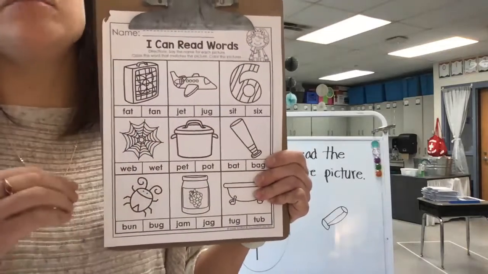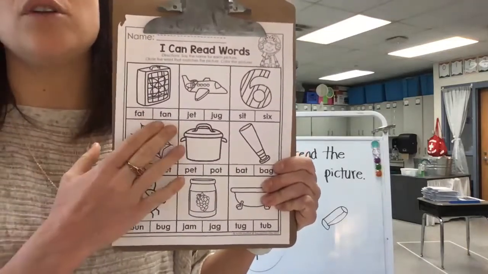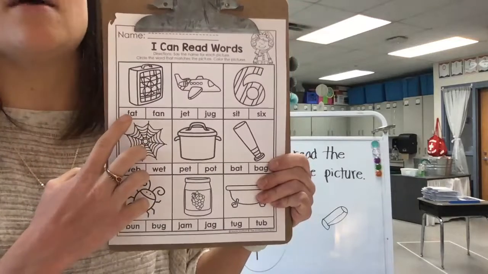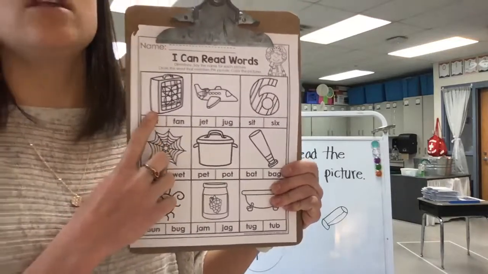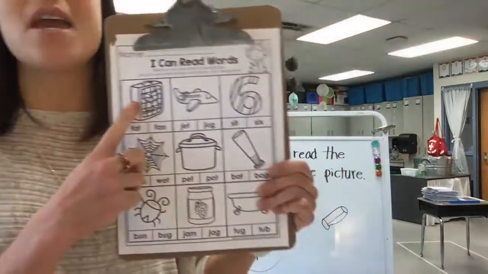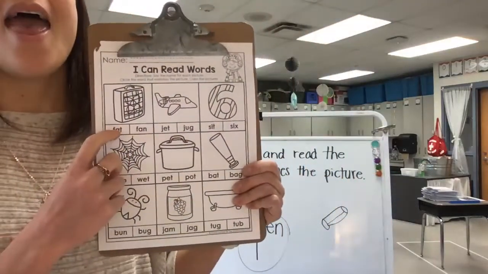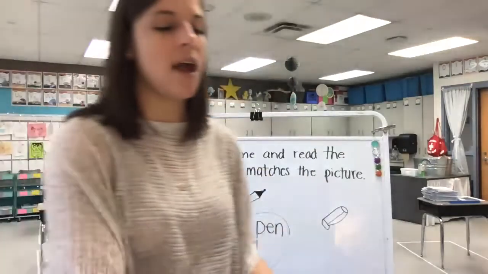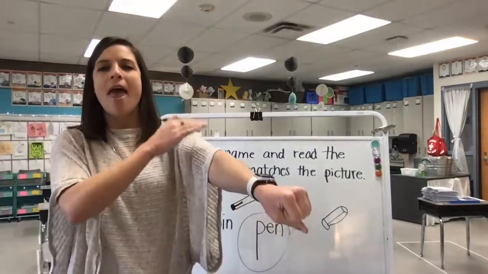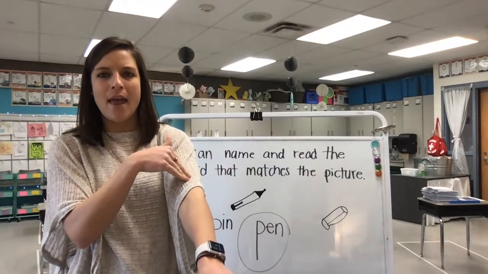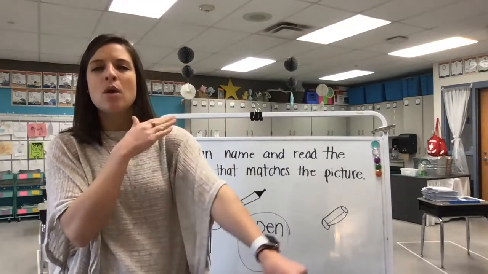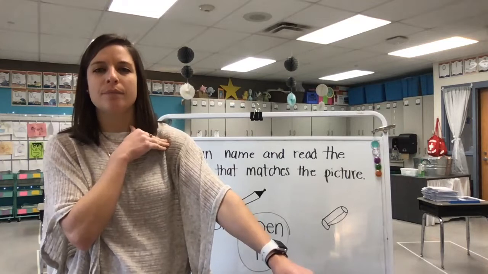Okay, now look at each of your words underneath. Notice a lot of them start with the same letter in each word, so you're going to have to stretch out the sounds of each letter in the word. So let's look at the first one together. We have fan. And let's stretch it out. And what is the first letter?